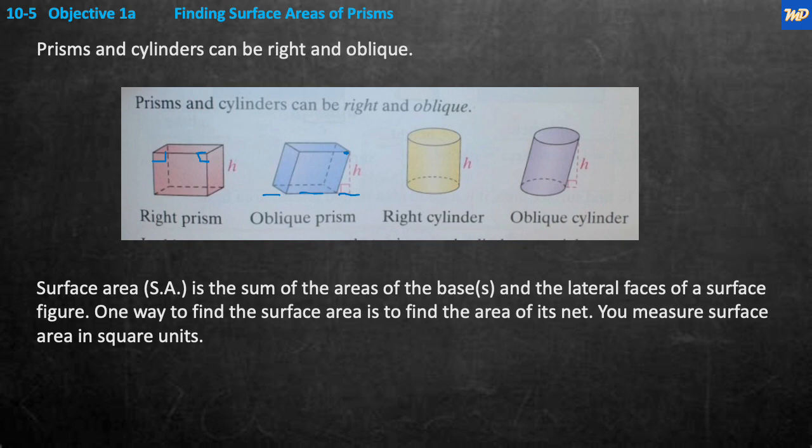A right cylinder has two circles for the bases, the lower and upper. And the lateral surface is the part that you see rising here that makes the tin can part of it. Realize that this is the height.